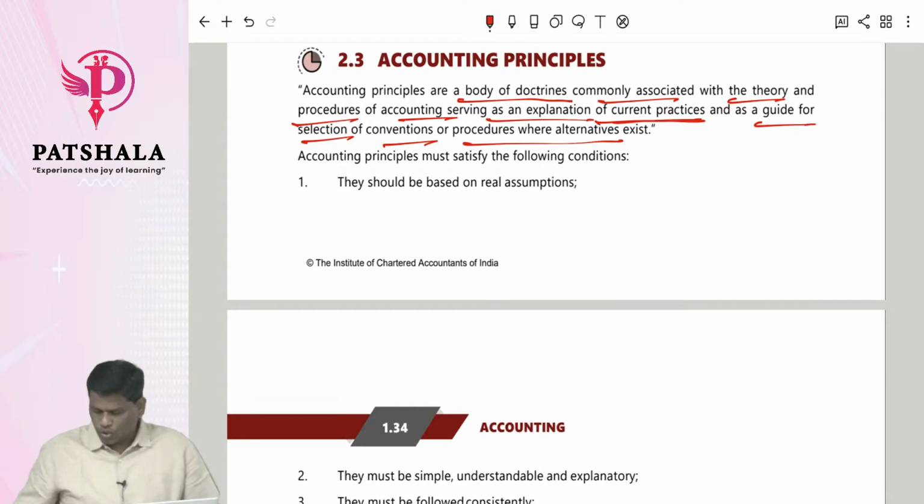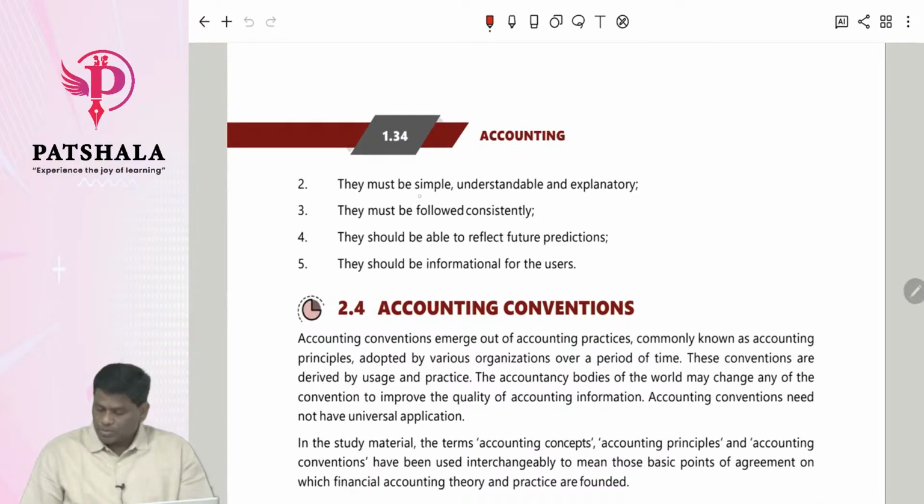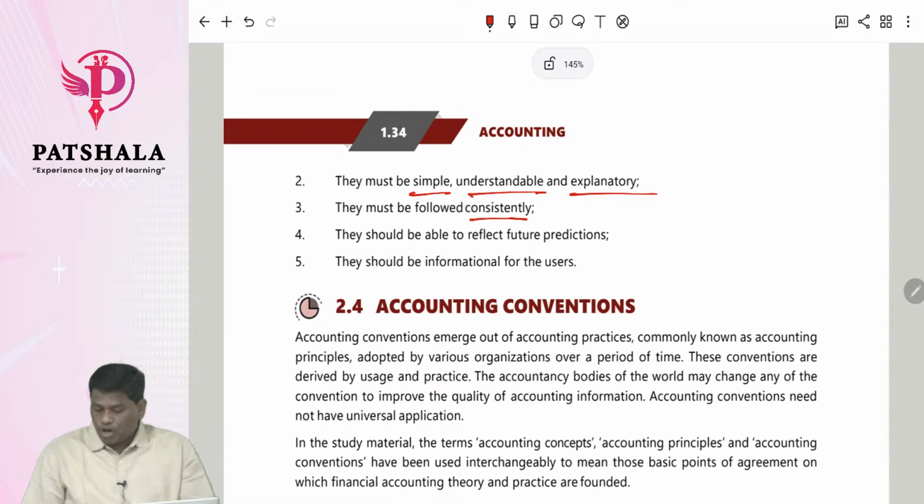Clear? So, accounting principles must satisfy the following conditions. They should be based on real assumptions. There are n number of areas where we make our own assumptions in preparing our accounts. They must be simple, understandable and explanatory. They should be followed consistently. Consistency is one of the keys to success.